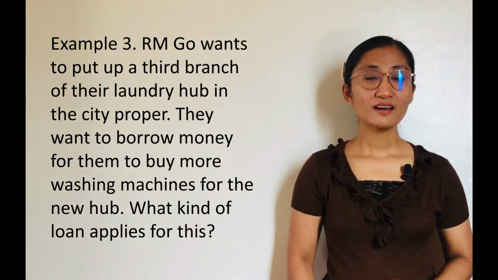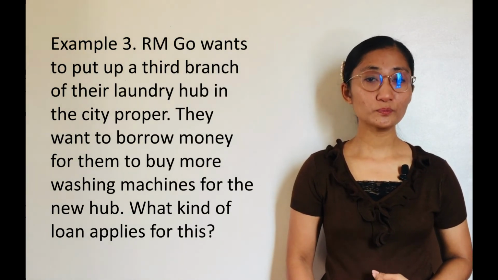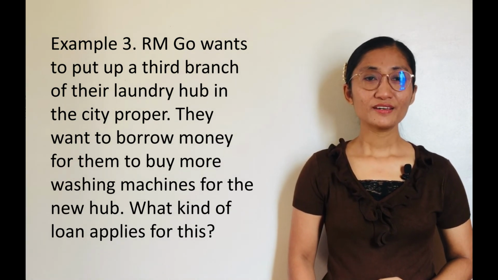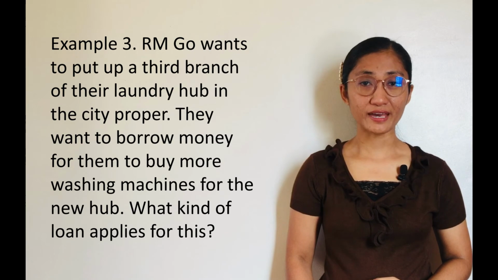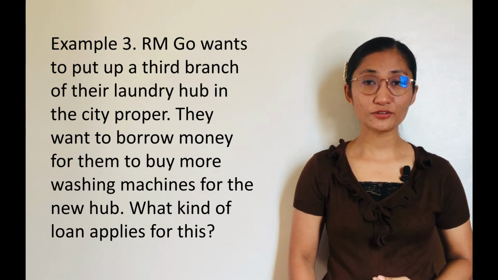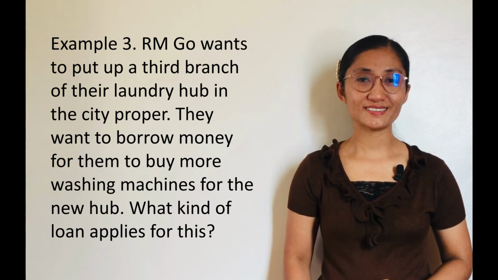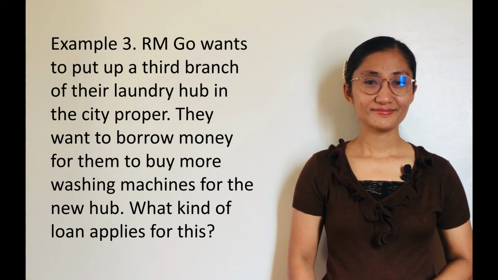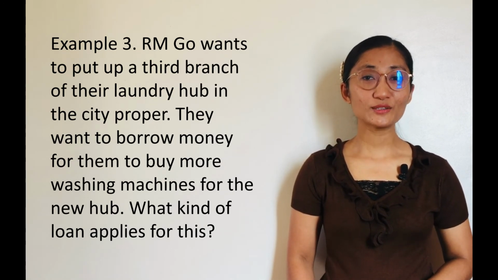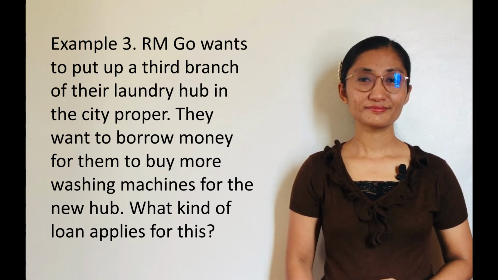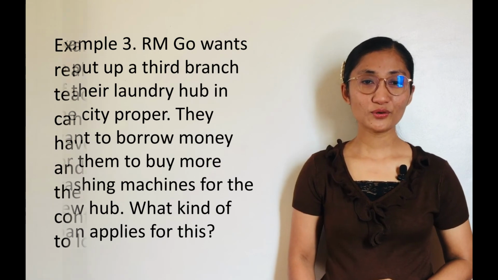Example 3. RM Go wants to put up a third branch of their laundry hub in the city proper. They want to borrow money for them to buy more washing machines for the new hub. What kind of loan applies for this? Answer: It's a business loan since it's for their business. Example 4.